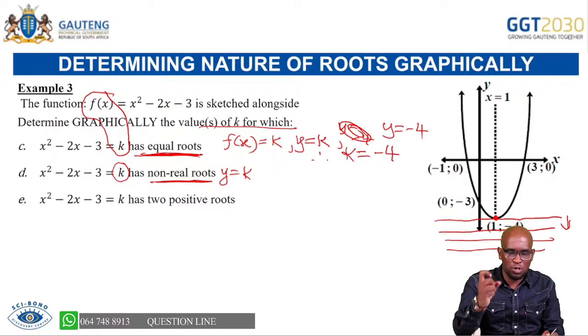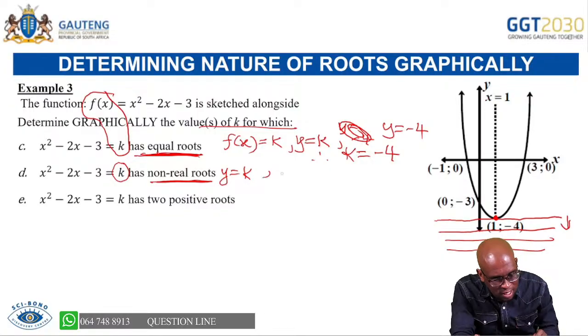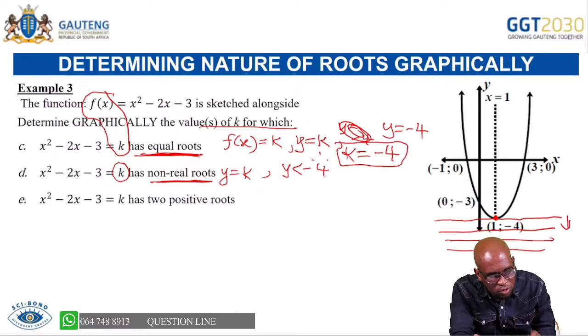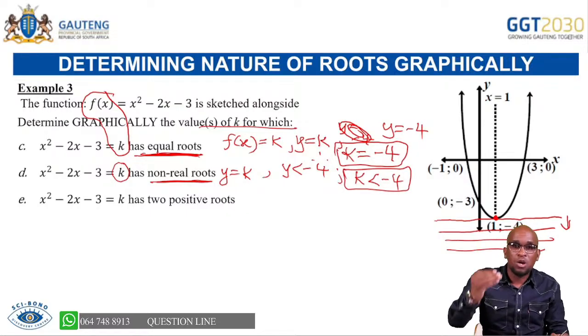So you would say that it is when the value of y is less than what? -4. But we know that y is equal to what? k. So we will have our solution being k is less than -4. So that would be the solution.